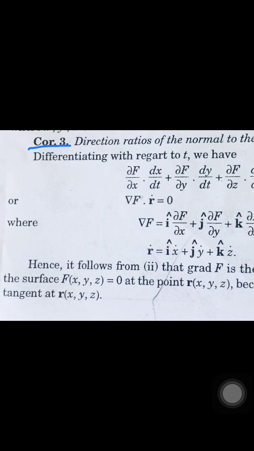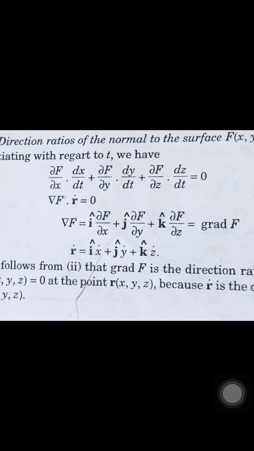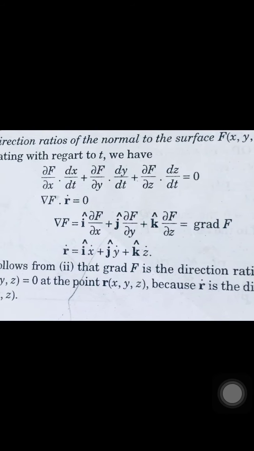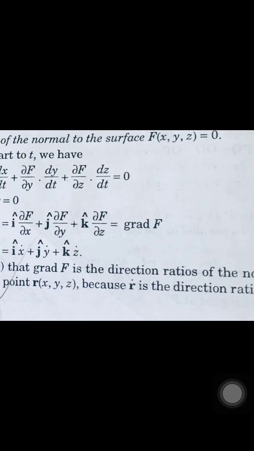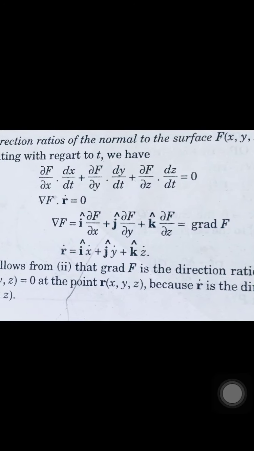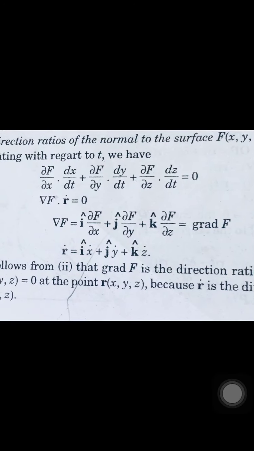Here differentiating f(x, y, z) equals 0 with respect to t, because f is related with three coordinates x, y, z, it becomes partial derivatives. So we get del f upon del x into dx upon dt plus del f over del y into dy upon dt plus del f over del z into dz over dt is equal to 0.